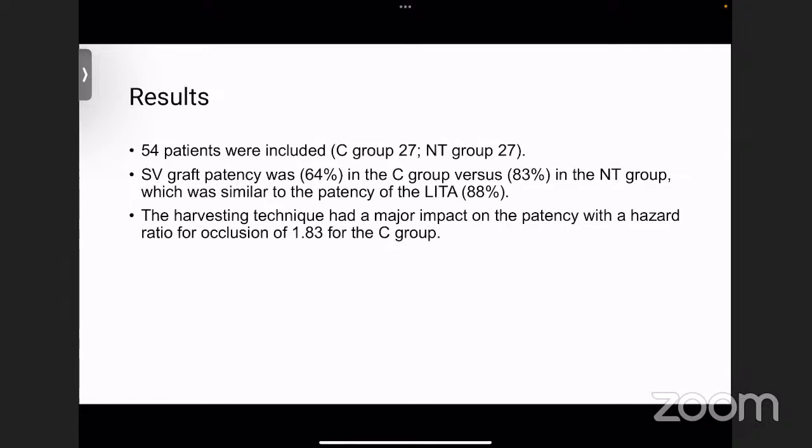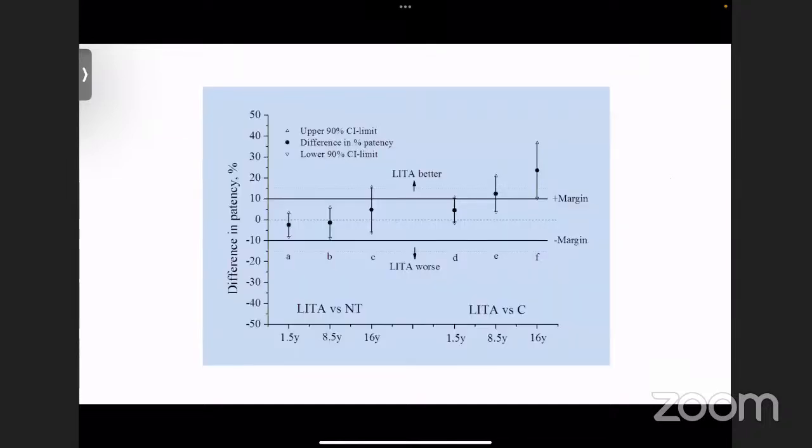Saphenous patency was 64% in the conventional group versus 83% in the no-touch group, which was close to the LIMA group. Let's not compare it to the LIMA, but it's fair. 83% is fair for 16 years. The harvesting technique had a major impact on the patency, with a hazard ratio for occlusion of 1.83 for the conventional group.